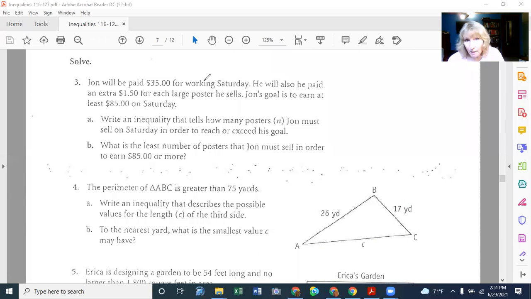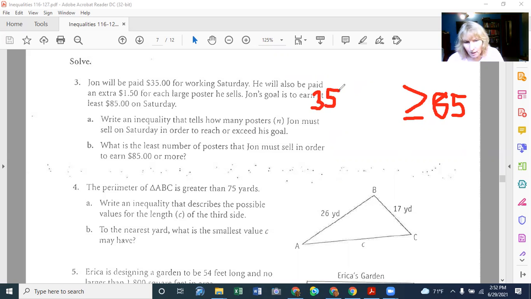Okay, so if he wants to make at least $85, we're going to put 85 on this side. He wants to earn more than 85 or 85. So the amount he earns is going to be greater than or equal to $85. So now we have to put the equation here. So we know that he makes $35 just for being there.